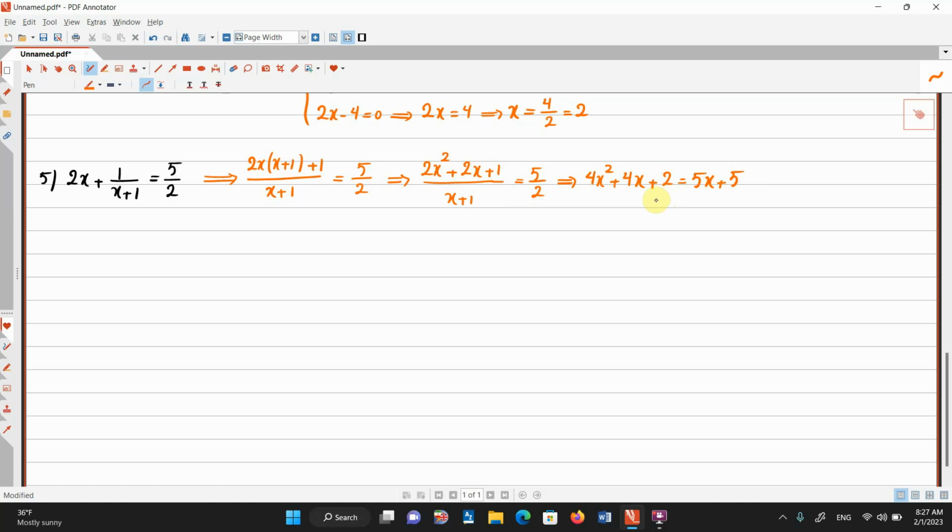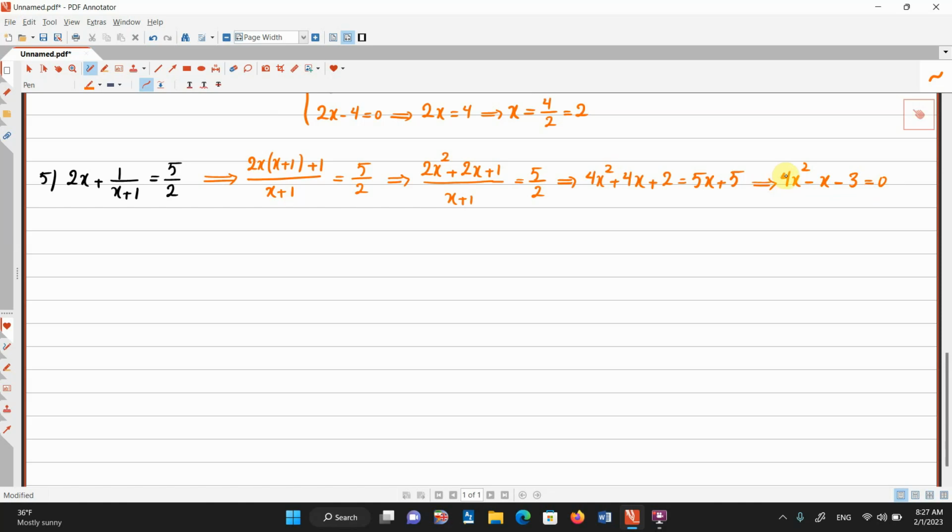Now you can see a quadratic equation. And this quadratic equation is not in a standard form. Then try to turn it to the standard form, moving all terms to the left side. By moving all terms to the left side, you can have 4x squared minus x minus 3 equals 0. Thank God, we got a standard quadratic equation.